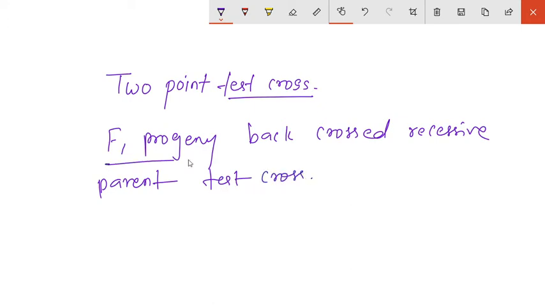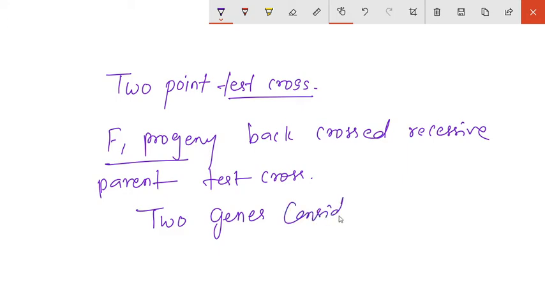Okay. So F1 progeny which is heterozygous, when it is back crossed with the recessive parent, it is known as the test cross.